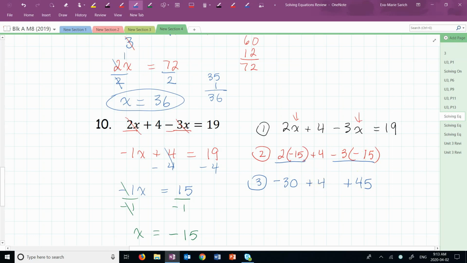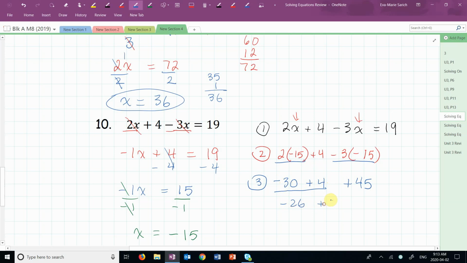Now we need to keep calculating, and we're just going to move into adding from left to right. So -30 plus 4: negative is cold, and adding 4 is hot, so it's going to warm that up to -26.